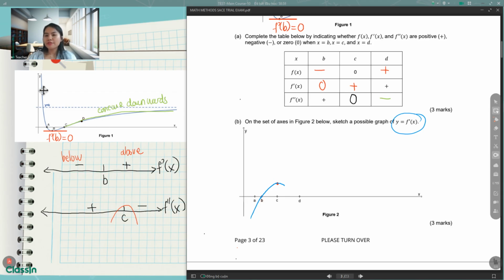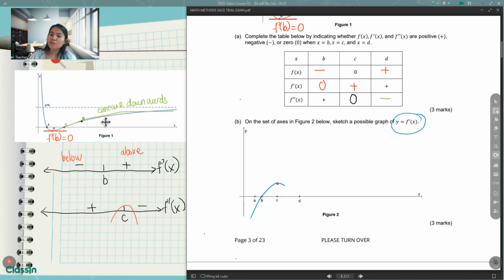But if you take a look at the graph of the original, after x equal to b, look at when x approaches positive infinity, the graph gets flatter and flatter, which means that the tangent is getting more and more horizontal as x approaches positive infinity.